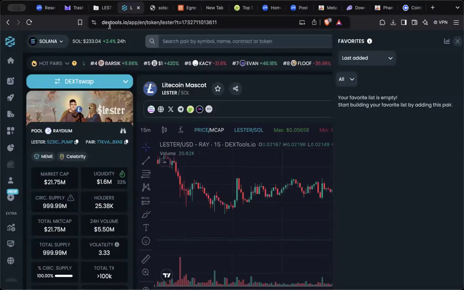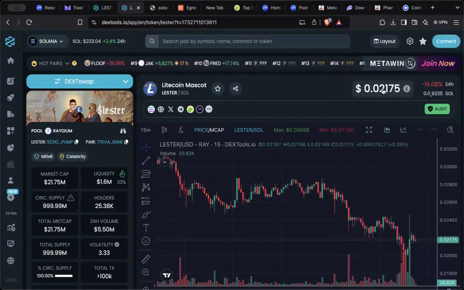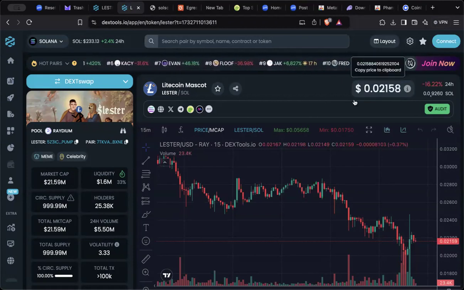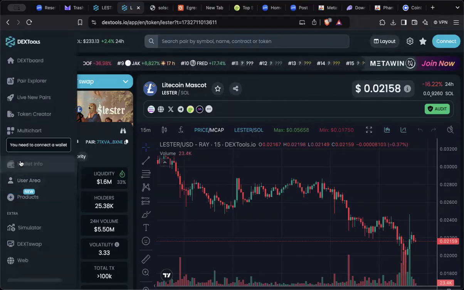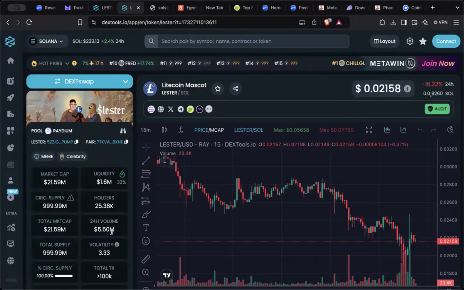They're both different from each other. DexTools is free, but they also have a paid version, and it's a little bit more technical. It holds more information, and you can find different information than you can on Dex Screener. So I'll show you how to use it quickly.